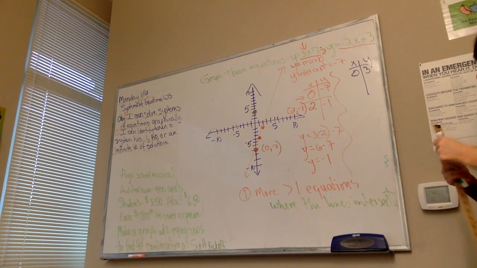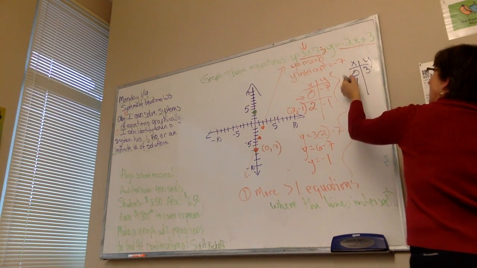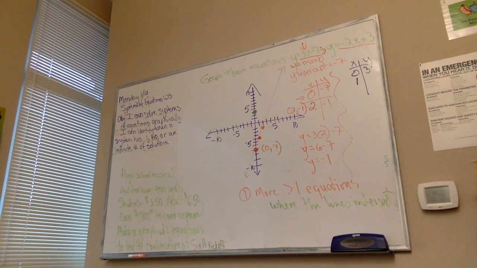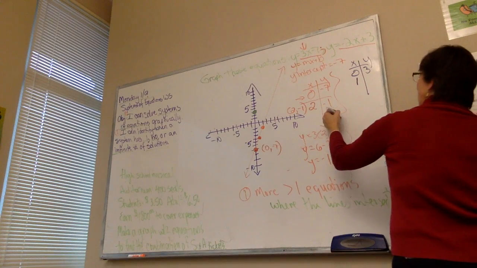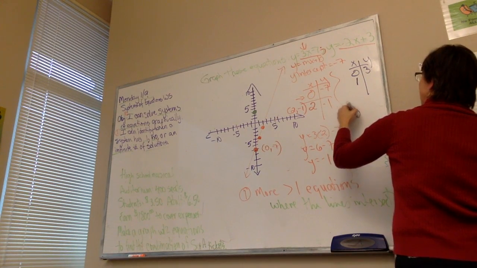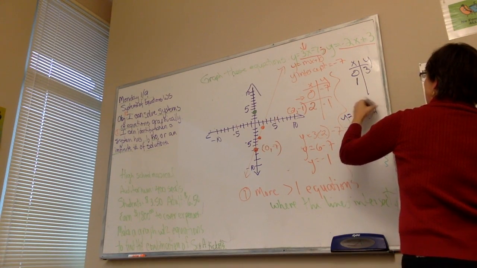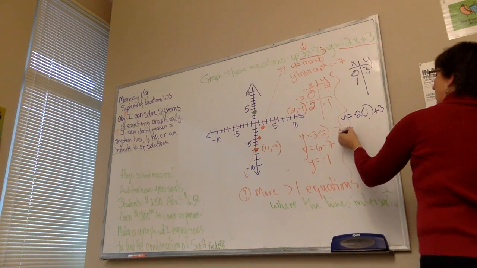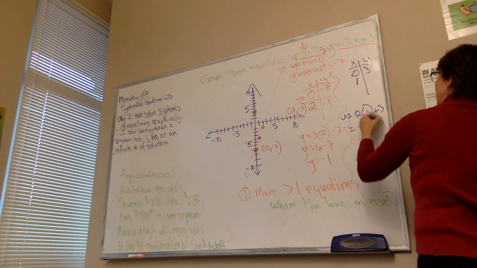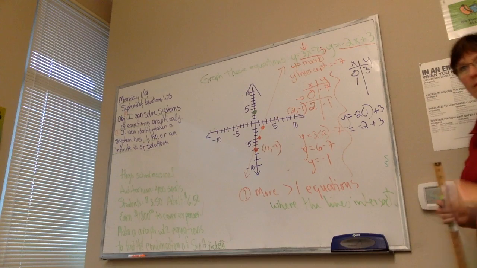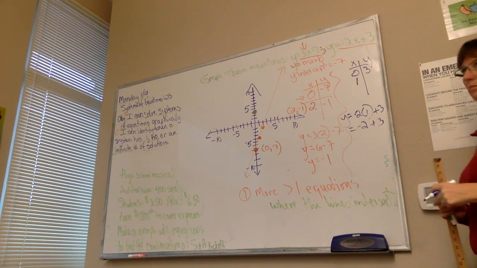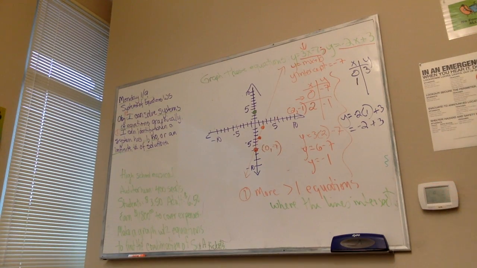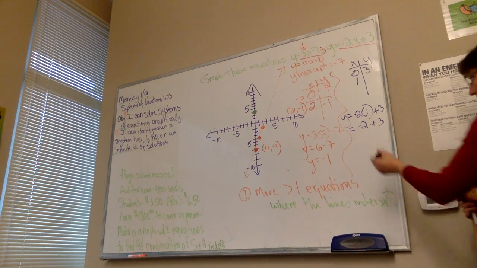Yeah, we can use the next point. Okay. So when x is 1, what is y? What we have right now is negative 2 times 1 plus 3. Negative 2 plus 3 is what? It's 1.